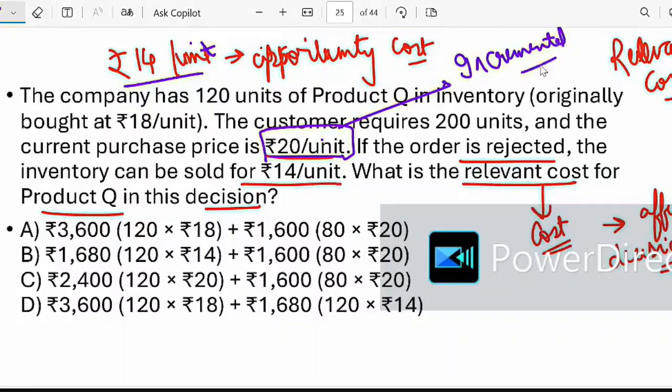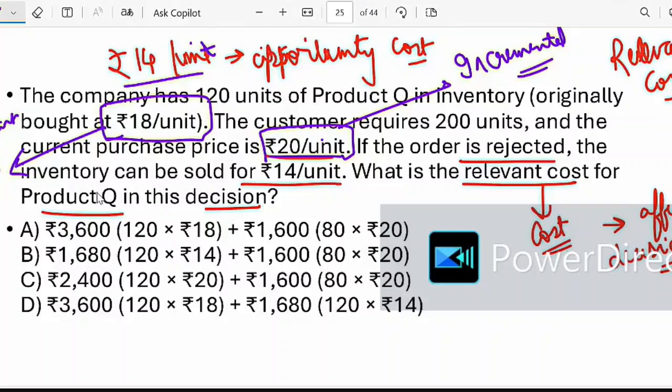So what are the relevant costs here? Tell me, is this 18 rupees per unit a relevant cost or not? Yes or no? What do you think?